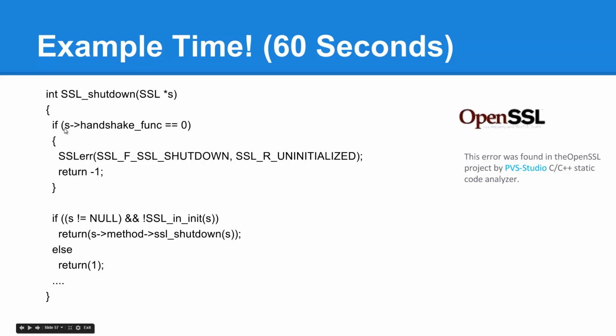So this is simply checking if the address of the handshake function is 0, then handle the SSL error, instead of checking the result of the handshake function. So this was an actual bug, a vulnerability found in production OpenSSL code. It was found by PVS-Studio, to give them the credit, and this effectively meant that it was not checking SSL handshakes, which is hilarious.